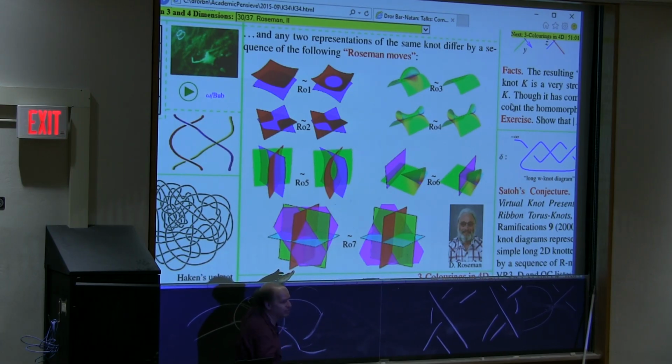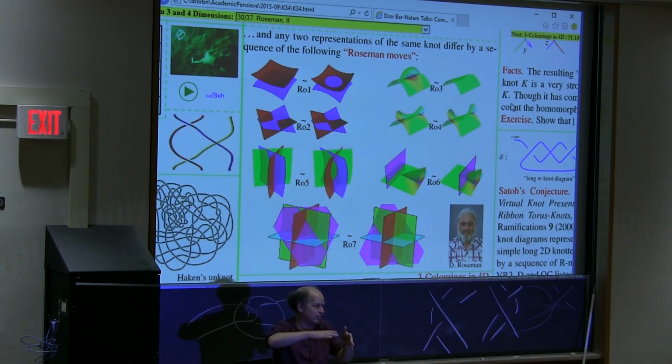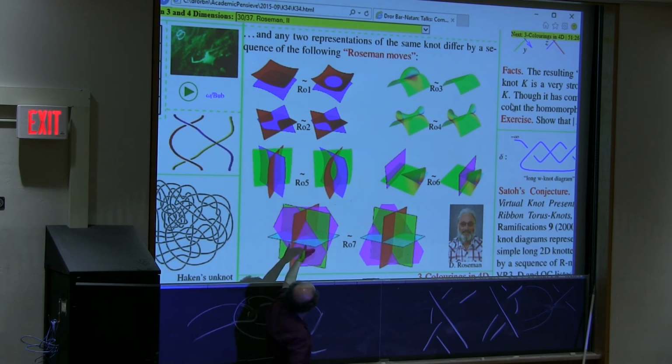So what do we have here? We have here three planes making a corner, meaning forget purple, and what you see is red, green, blue, and they are like the coordinate planes in R3. They make a corner. So I have these three planes making a corner, and of course red is above green, and green is above blue. I didn't make the cuts, but it should be understood from the colors.